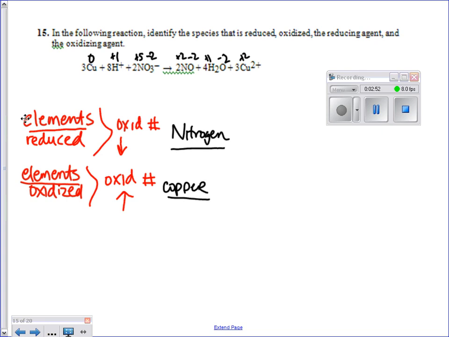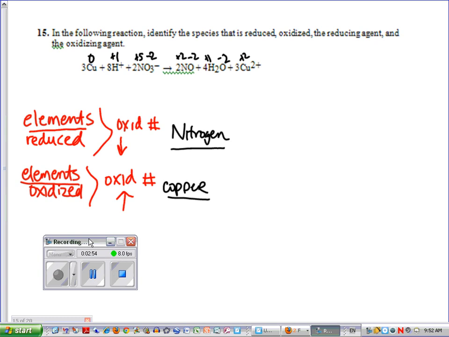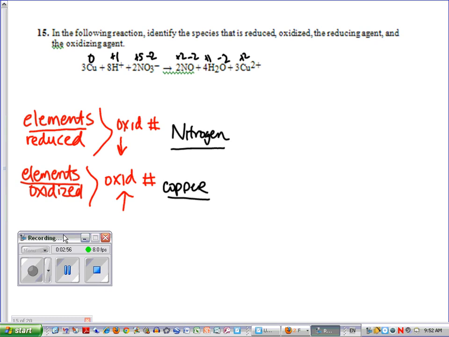Now some crazy person out there decided to talk about reducing and oxidizing agents. This is not going to be on the test in 2013-14, but it's on the test next year. They're taking this out of the curriculum. However, you guys get to get tested on it for the last time ever. The agents.